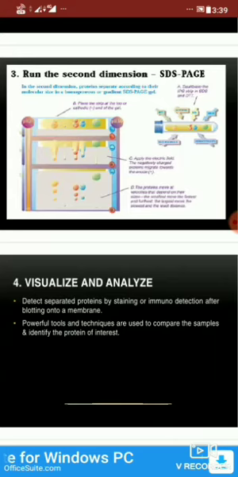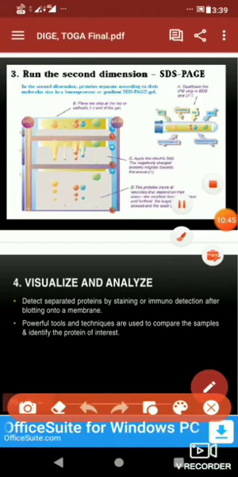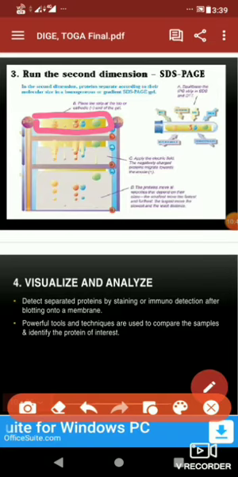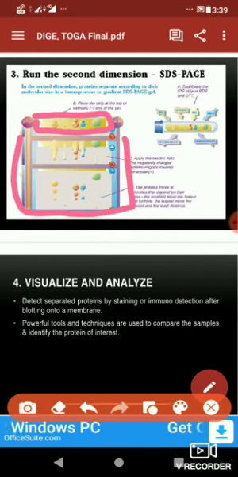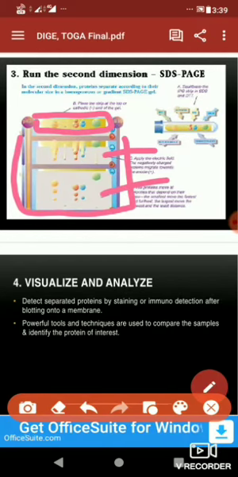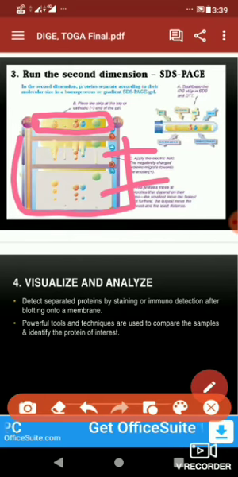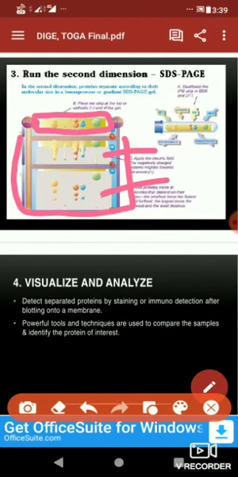So now we have the thin strip. That thin strip is now placed, you can see this is the thin strip. This is our normal SDS PAGE. So here you have the stacking gel, here you have the separating gel, and on top what we have done is we have placed horizontally the thin strip, the strip from the first dimension gel that we ran, on top of the SDS PAGE gel. Sorry, not the agarose gel, the SDS PAGE gel.